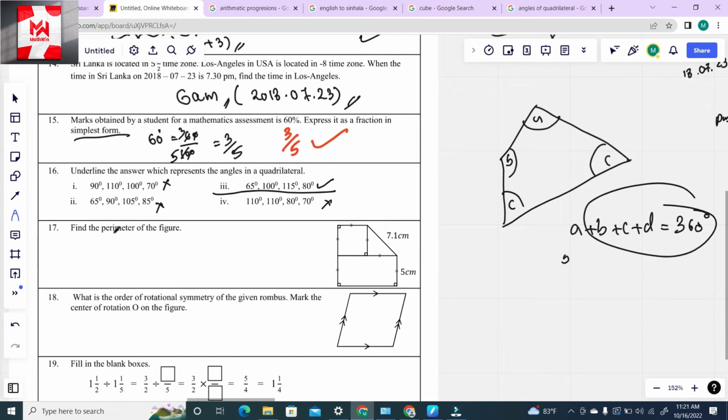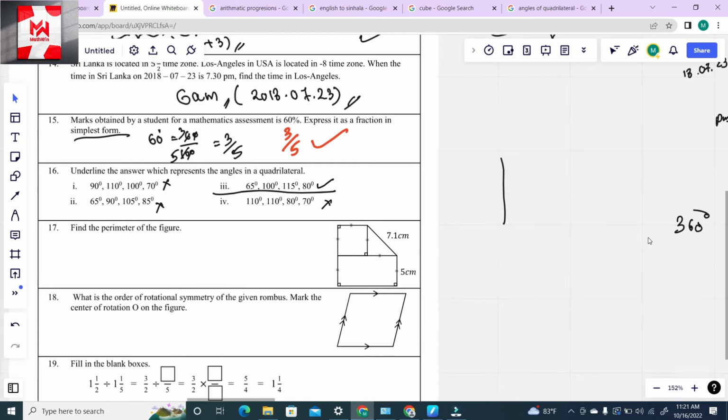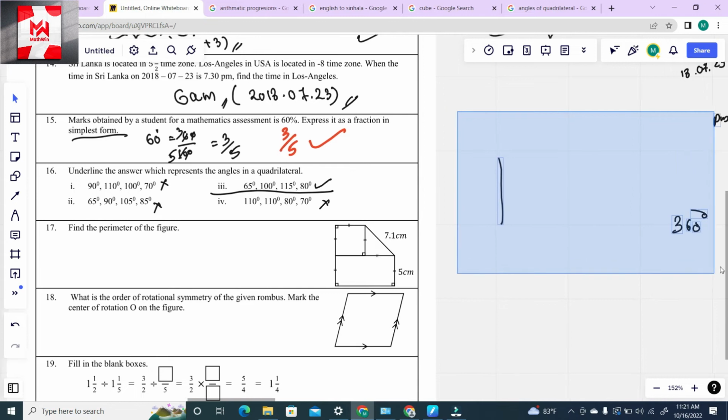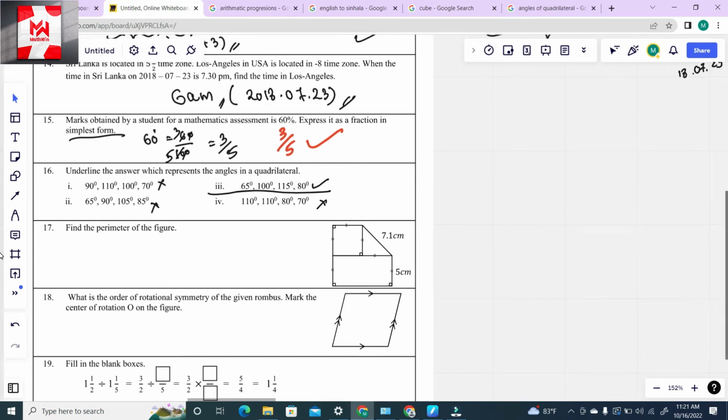Here, find the perimeter of the figure. There is a figure mentioned, so you have to find the perimeter. You know the perimeter is the distance of the boundary. First, if this is 5, this one should be 5, because they are mentioned as equal.